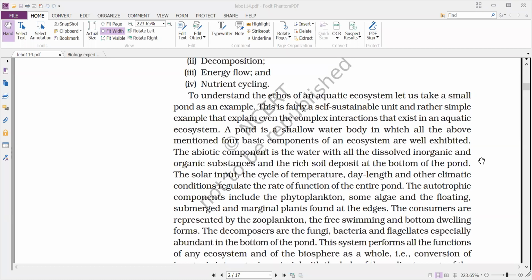All these are the factors affecting the functioning of the entire pond.